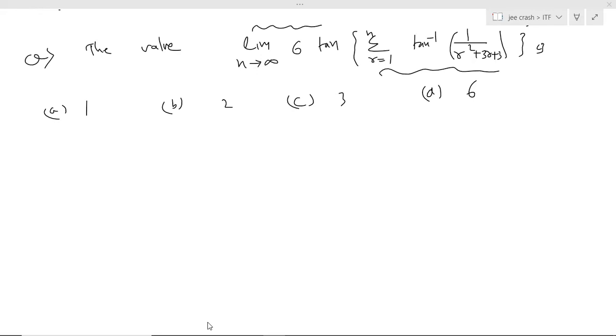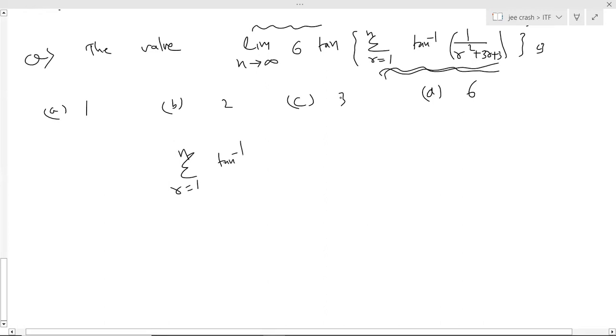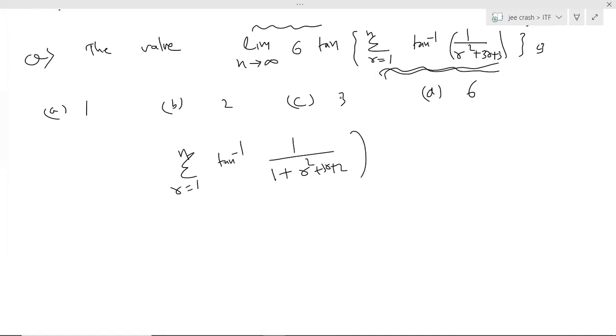Yes, Adriel, absolutely correct. Right. Here, if I just solve this, it is tan inverse 1 upon, we know this will be 1 plus something. So 1 plus r square plus 3r plus 2.